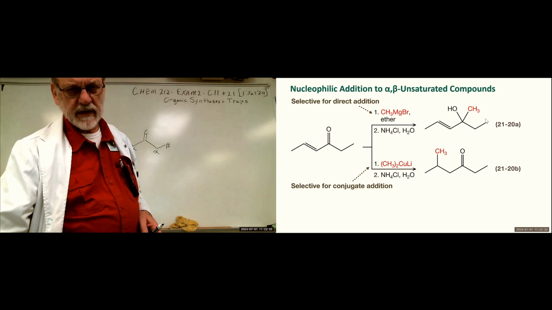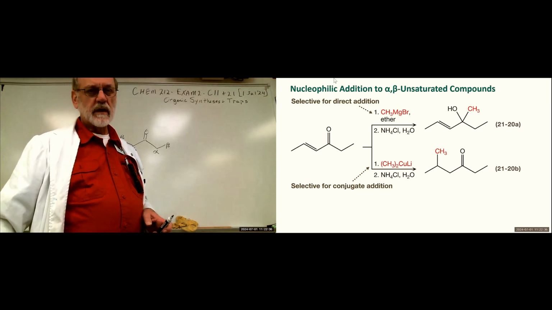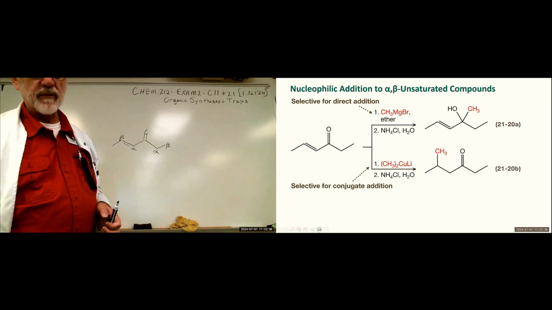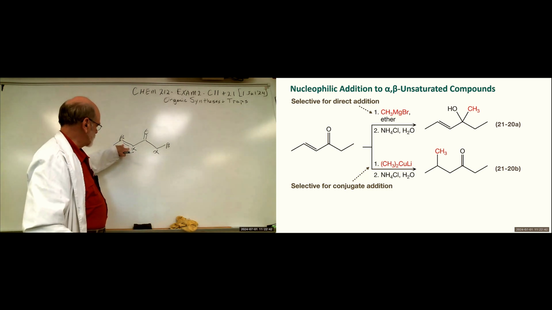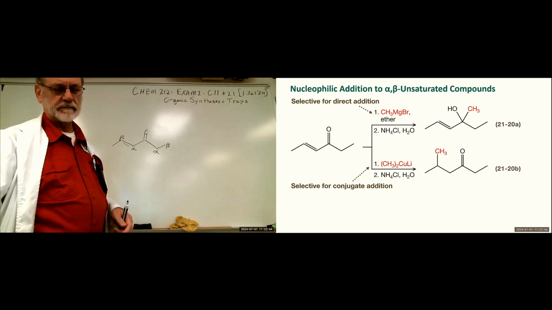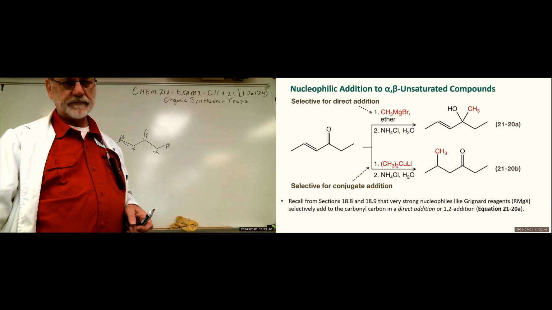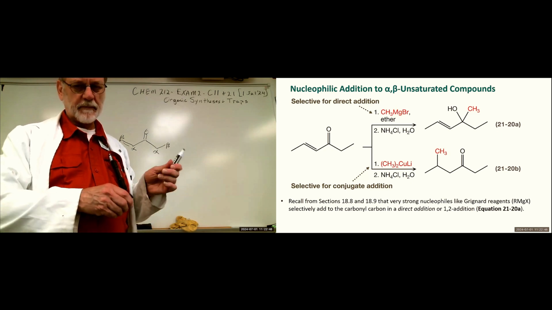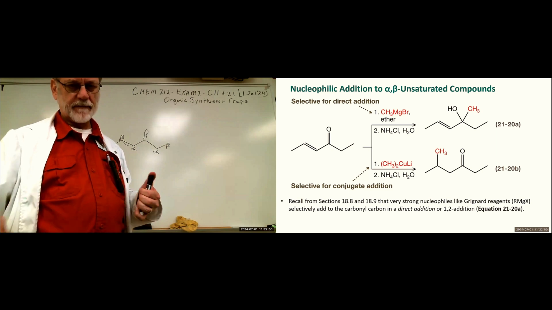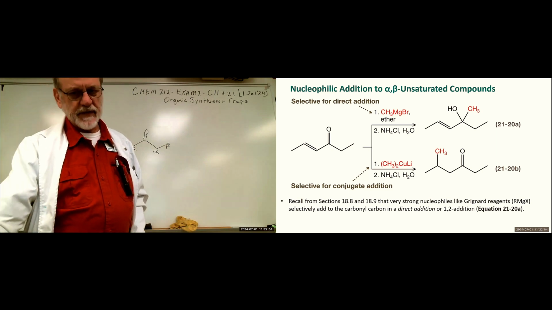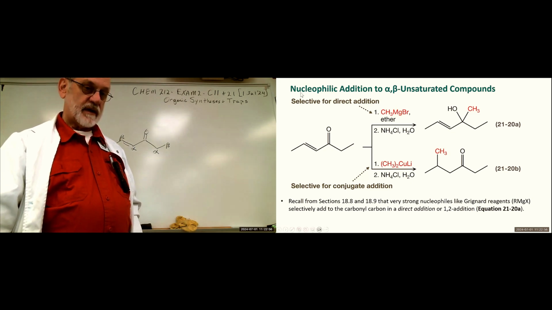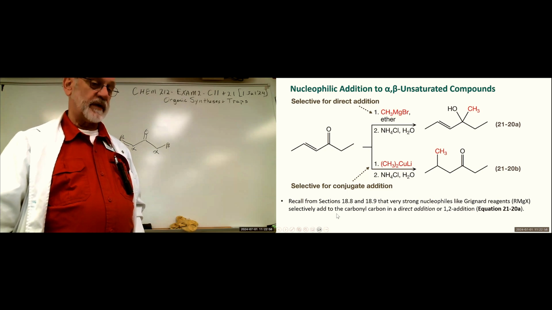There we go. Nucleophilic addition to an alpha beta unsaturated compound. So this is alpha beta unsaturated here. Now, this statement just makes my point, right?